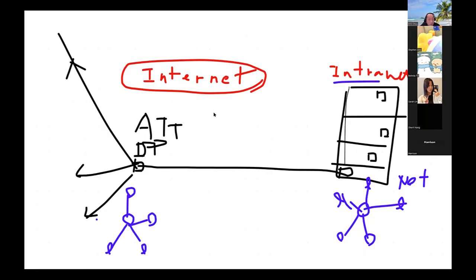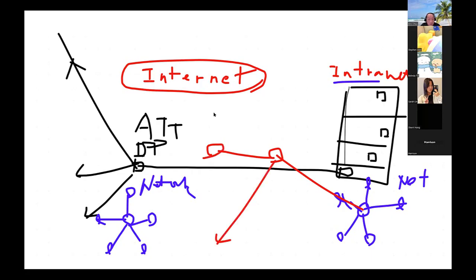There's another network. Okay. So from this router, you get started going to here, going to here, going to here, going to here, going to here.